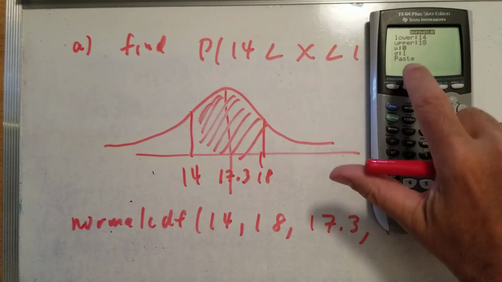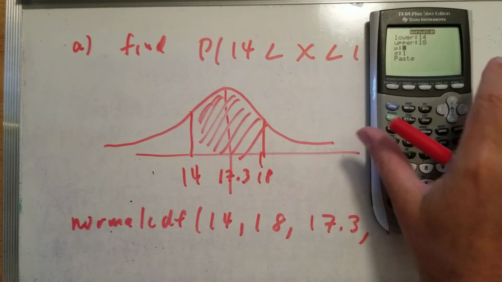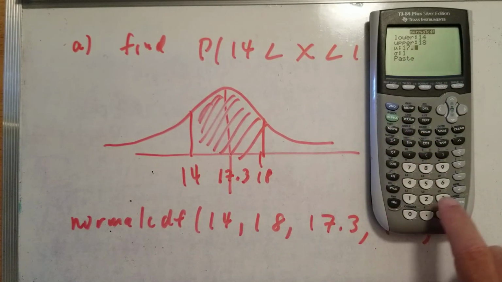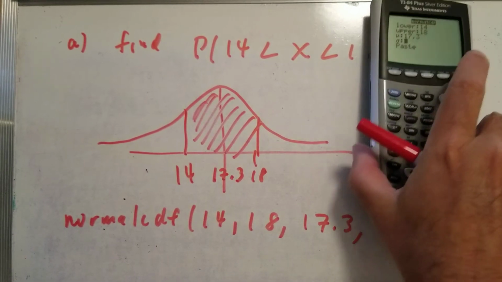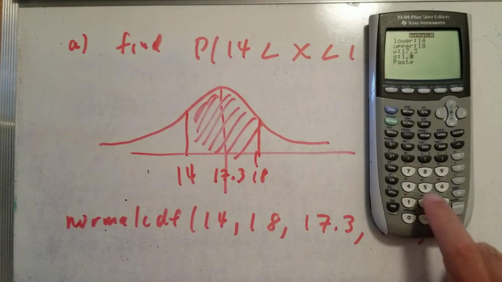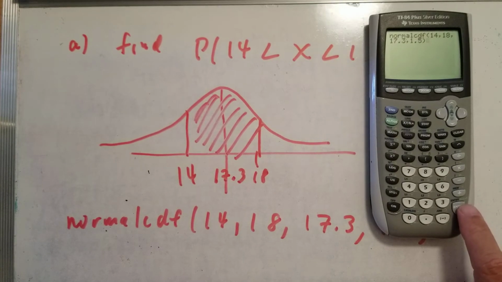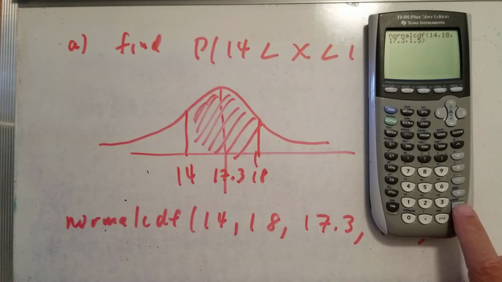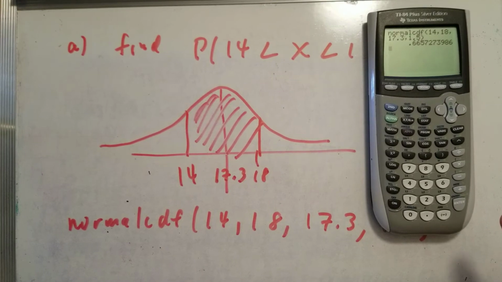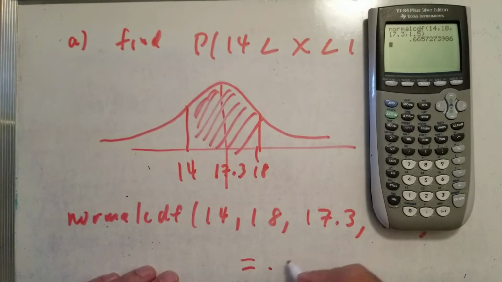It defaults to the standard normal, but now we have to change those values. The mean is 17.3, and the standard deviation is 1.5. And when I go to paste, the probability that the height of a giraffe is between 14 and 18 feet is about 0.666 to 3 decimal places.